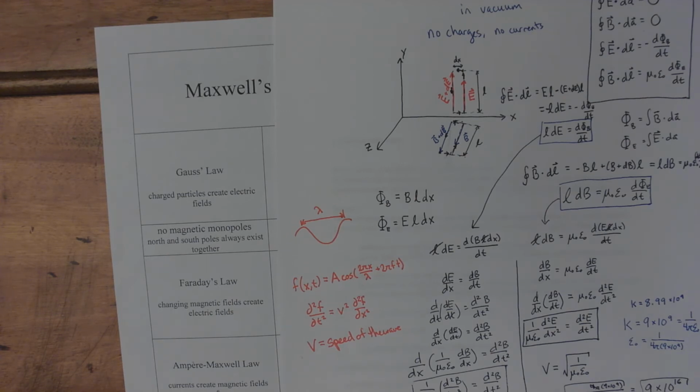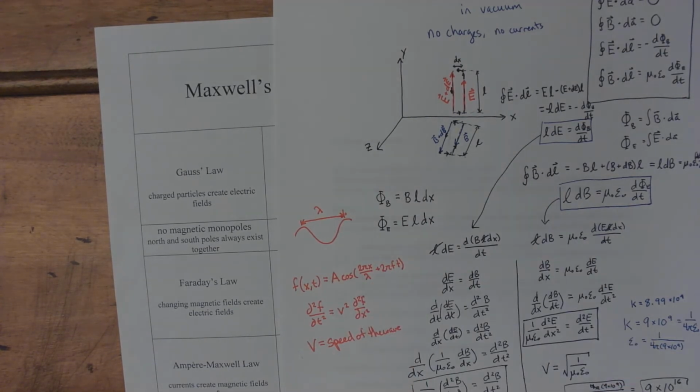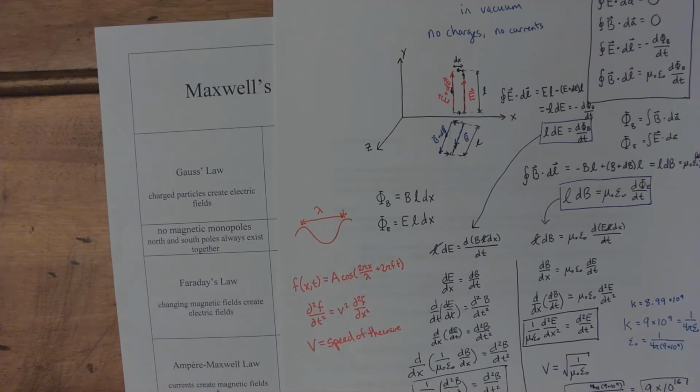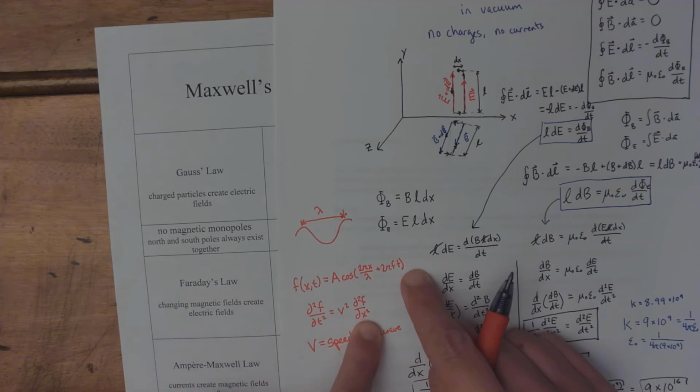And if you stand at a certain point, so let's say you stand here, and you count how many peaks pass you in a second, that would be the frequency. And so if you take this equation and take the second derivative with respect to time, and also the second derivative, remember they're partial derivatives, with respect to position, it should have this relationship.